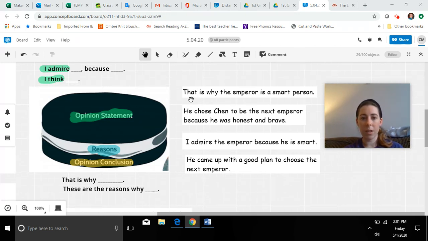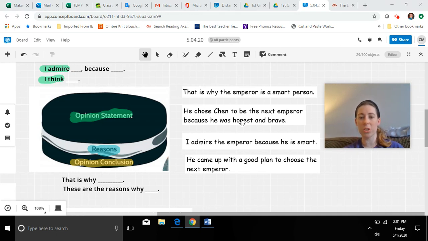Okay, let's start at the top. That is why the emperor is a smart person. Okay. The next sentence, let's read it together. He chose Chen to be the next emperor because he was honest and brave.